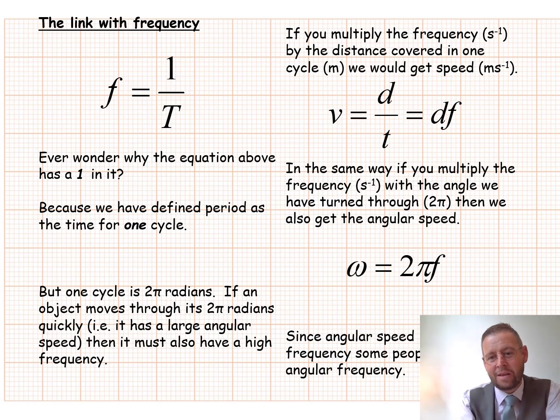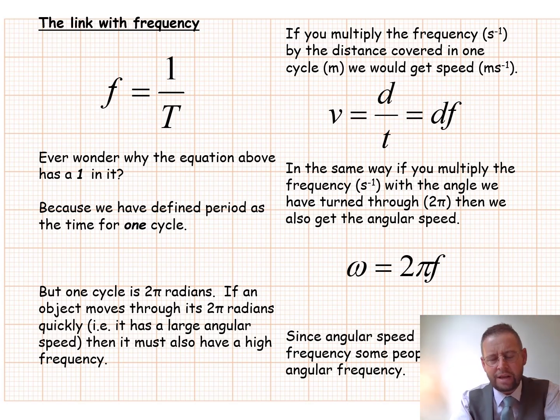We would say that not the velocity, but the angular speed was equal to the distance we travelled through in angle terms, 2 pi, multiplied by the frequency. Omega equals 2 pi f. We call this not just the angular speed as we defined it before, but because this is in terms of the frequency, we sometimes call this the angular frequency.